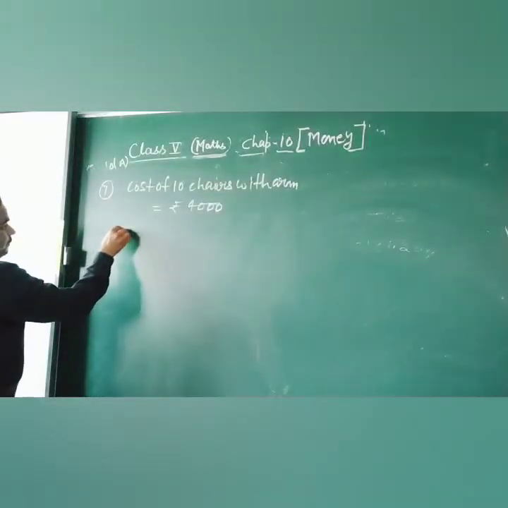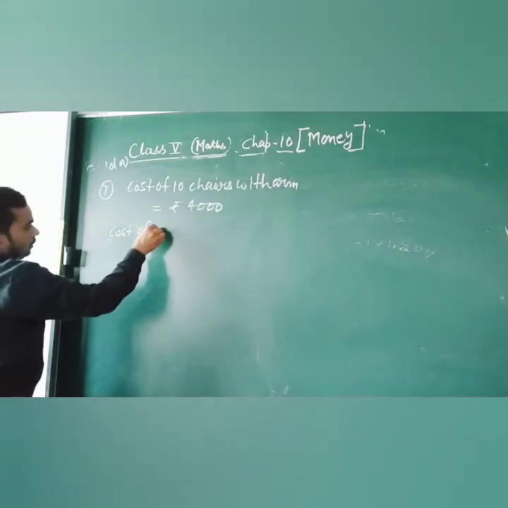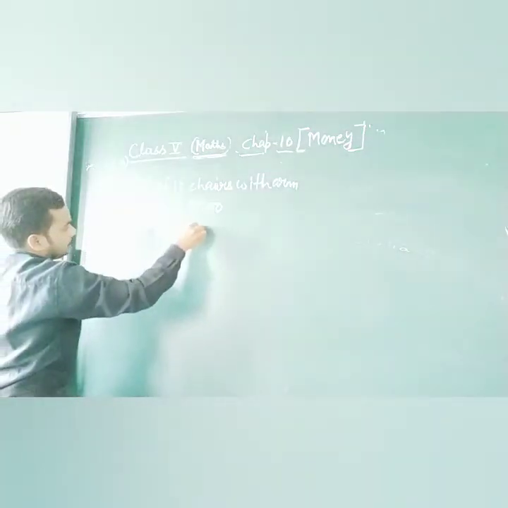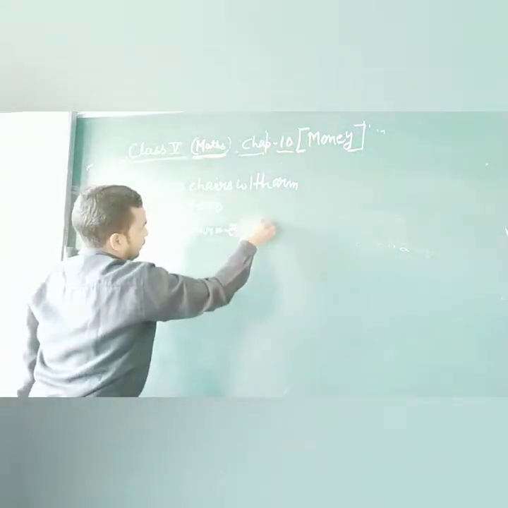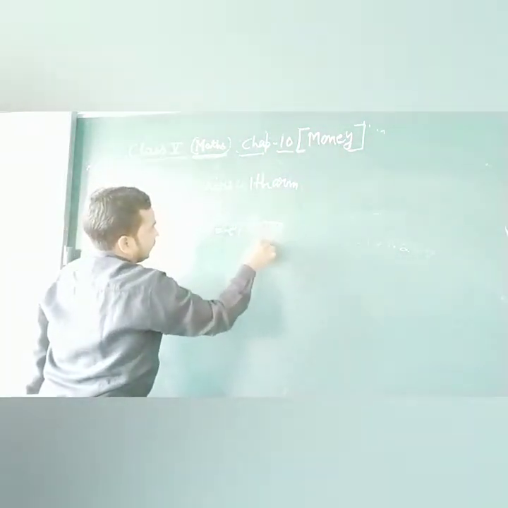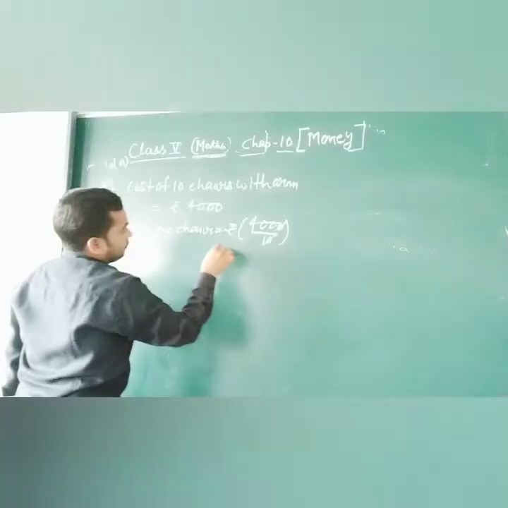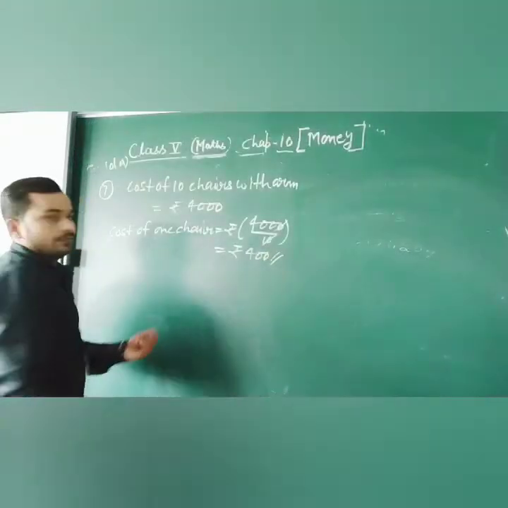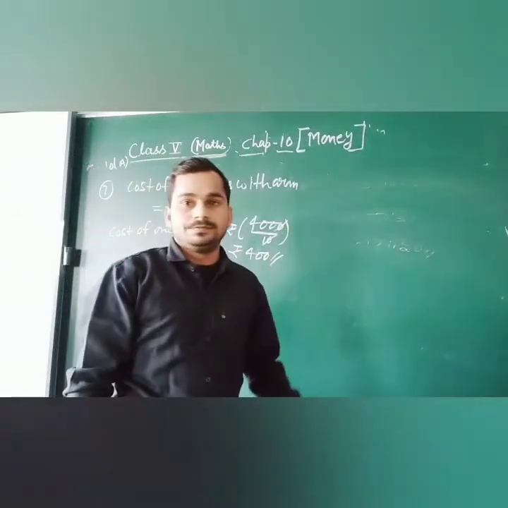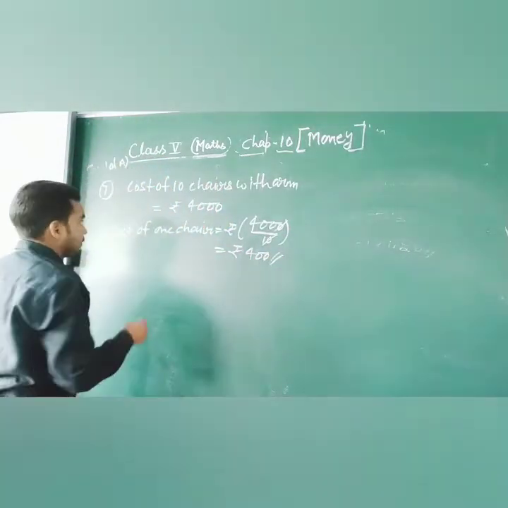So cost of one chair, so we have 4,000 divided by 10, so equals 400 rupees. Cost of one chair with arm is 400 rupees.